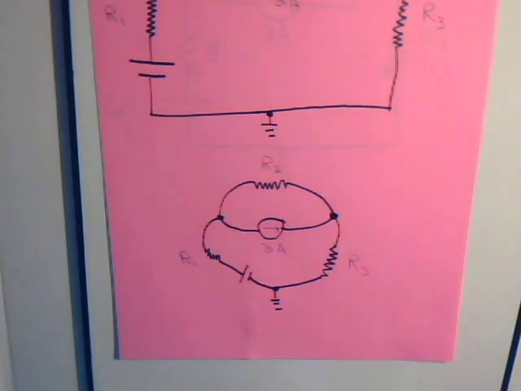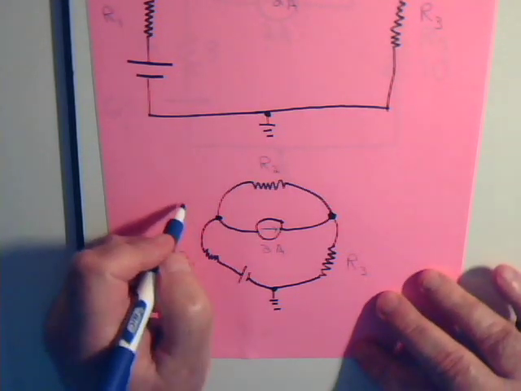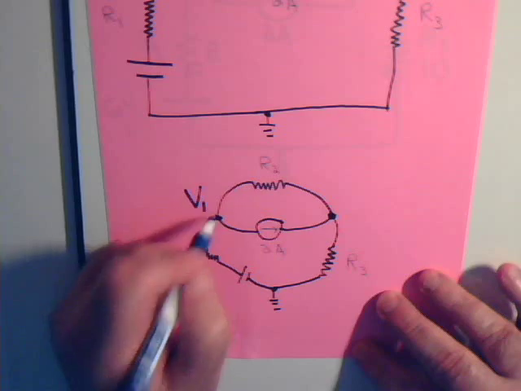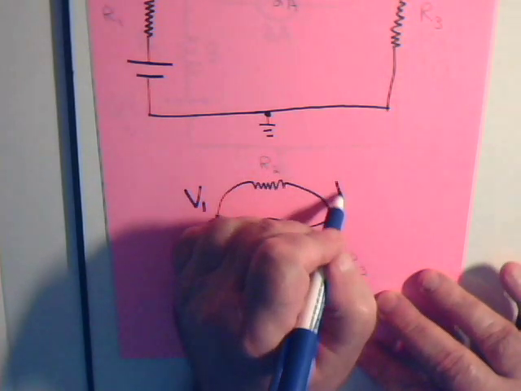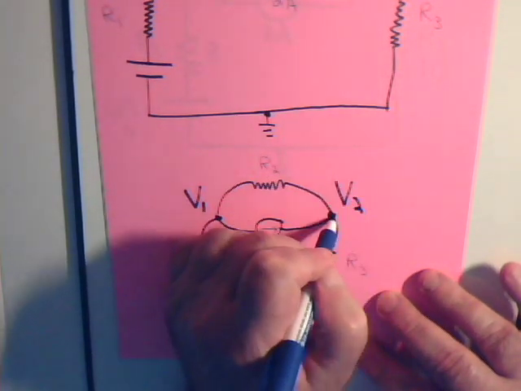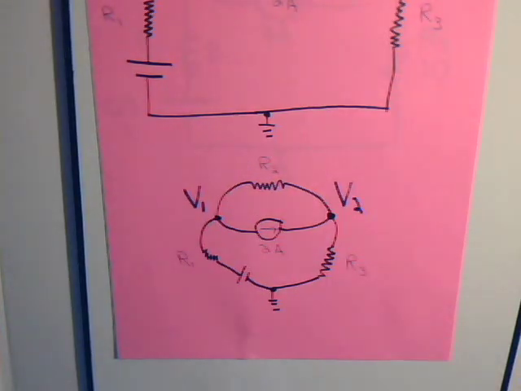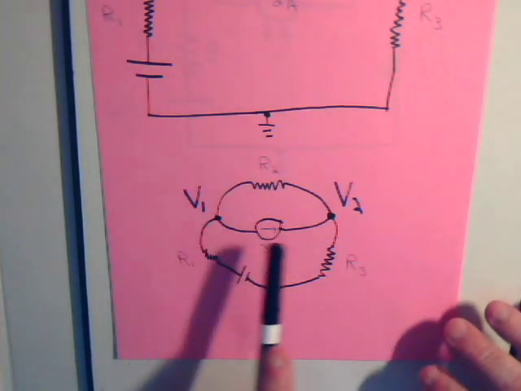So we'll assign each one of these a voltage. This would be V1 for this node, and voltage V2 for this node. And then what we'll do is we'll use Kirchhoff's current law at each one of these nodes.